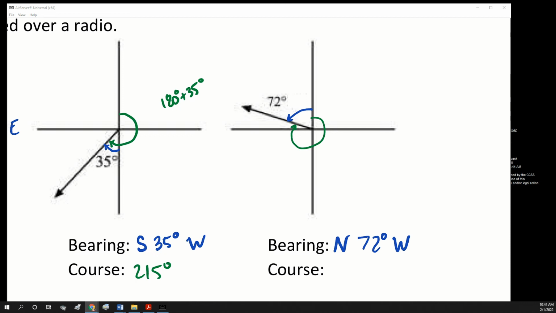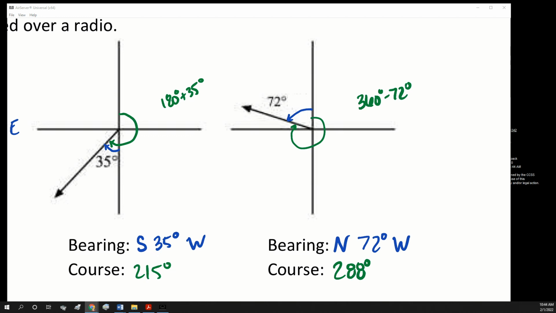So your bearing would be north 72 degrees west. What do you need to do to get the course? Good. You would take a whole rotation, but then subtract away what we know, which is 72 degrees, and that's going to give you what you want. So that's 288 degrees.